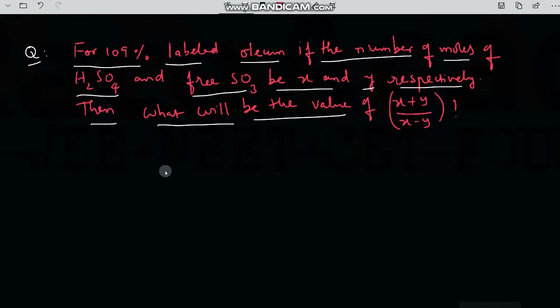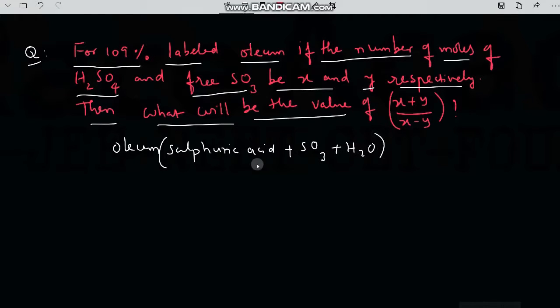Okay. See, dear students, oleum is nothing but fuming sulfuric acid. Oleum is sulfuric acid plus sulfur trioxide plus small quantities of water.